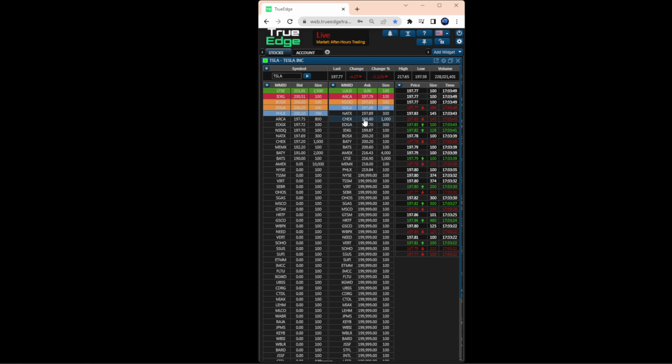And the larger the orders that are on the bid or the offer are, the harder it is for the market to move through it. So big orders will slow the market down, and they can potentially provide support if they're a large size bid, or resistance if they're a large size offer.